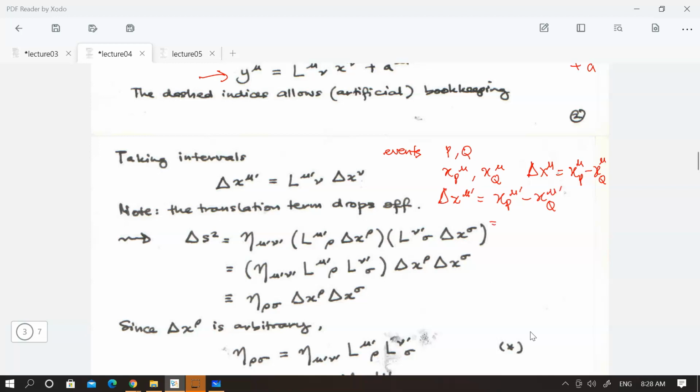And then remember that this is given by, say, L^μ dash_ν x_P^ν plus a^ν, because this is constant, so it doesn't depend on which event. And then minus L^μ dash_ν x_Q^ν minus a^ν.